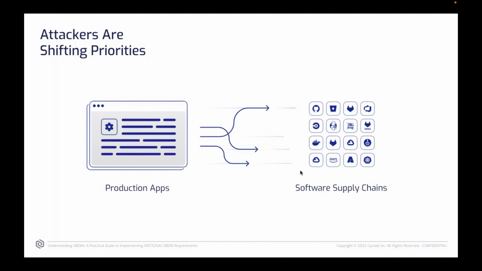And attackers are using this oversight as a way to get in. And not only are they able to get in, but they're able to sit undetected for longer periods of time. They're able to move laterally throughout the systems, and then they're able to scale their attacks and really target downstream customers, so they can get a big bang for your buck, right? Attackers are just like the rest of us. They want value from their effort. But this is why we're seeing such an increase in software supply chain attacks.